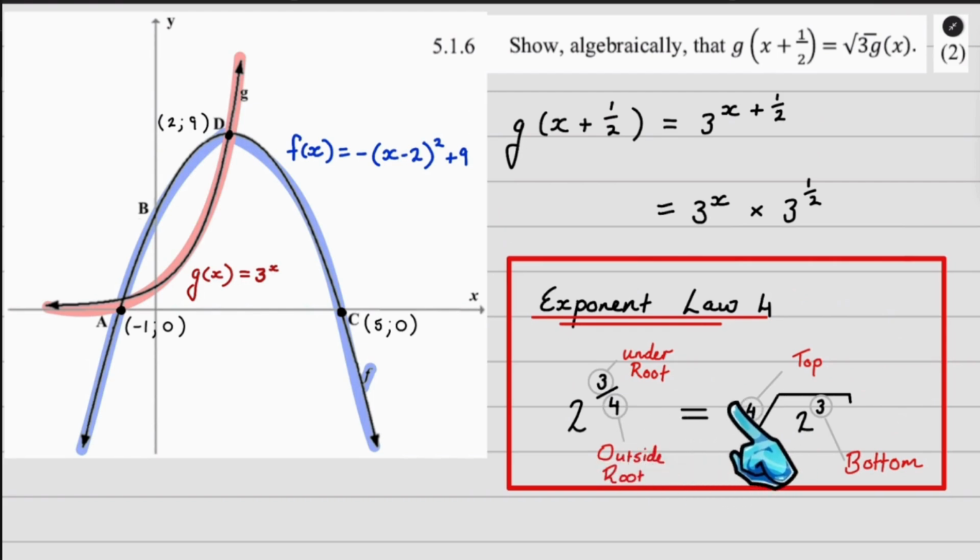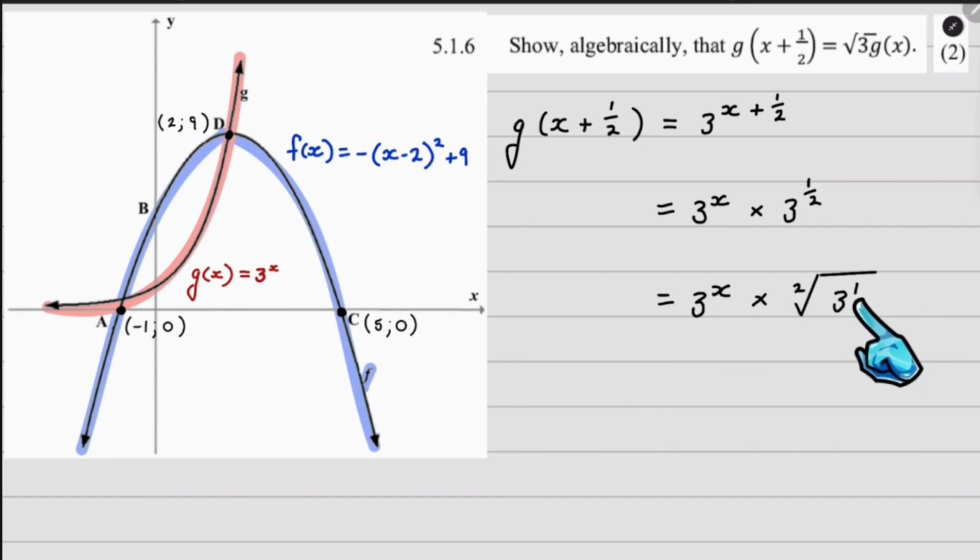This one goes outside the root, or if you're going this way, this one goes at the top of the fraction. Sorry, made a slight mistake there. This one goes to the bottom of the fraction, and this one will go to the top of the fraction. So over here, I can convert this into a surd by doing this.